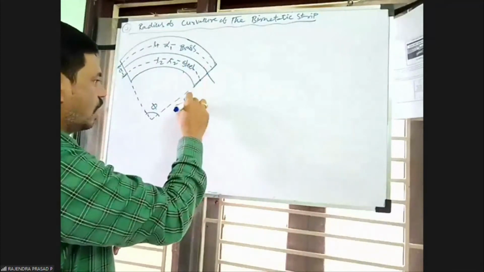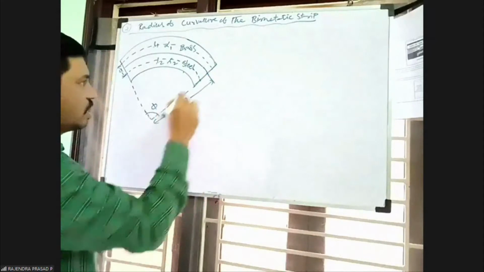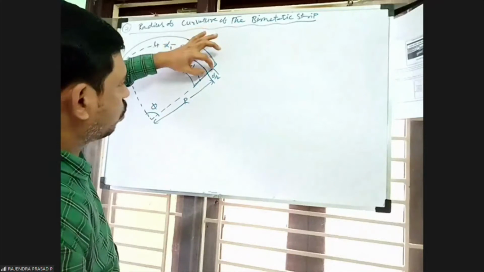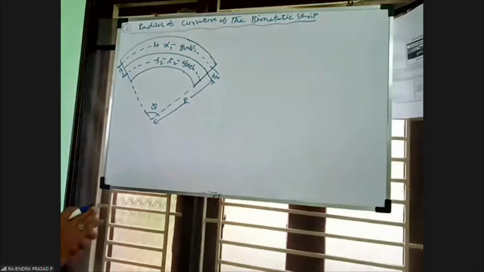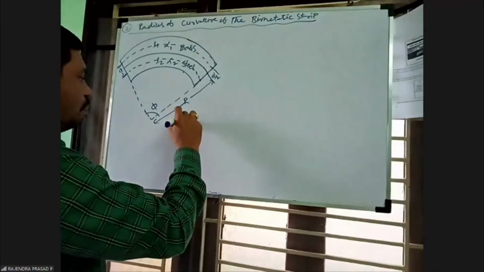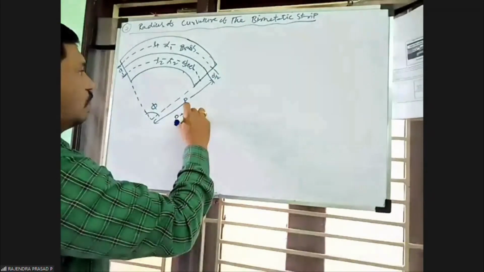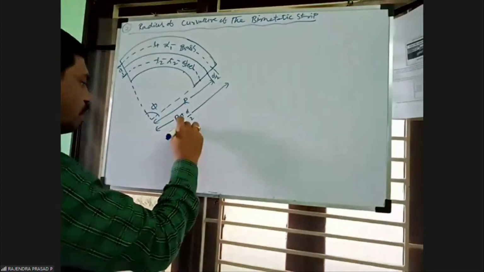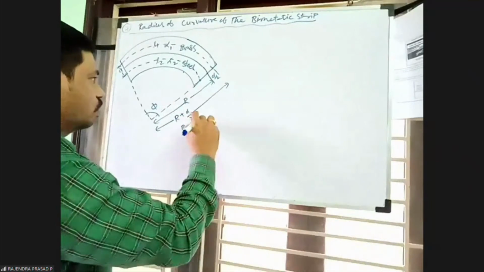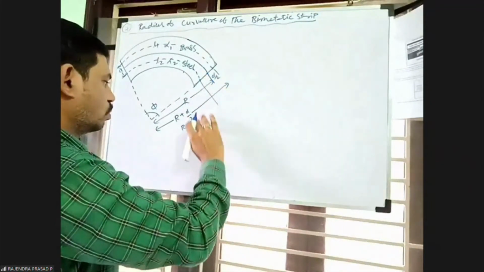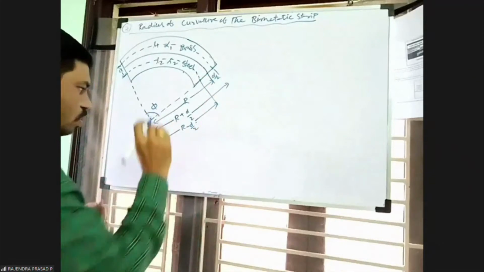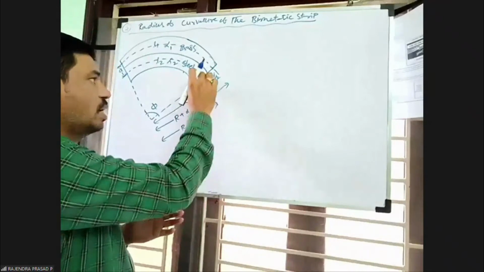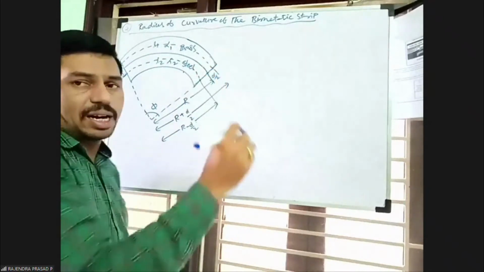This is R, the radius, from the center to the strip. This is D by 2. So R plus D by 2 is the brass, and R minus D by 2 is the steel, from the center, the origin point, of the bimetallic strip.